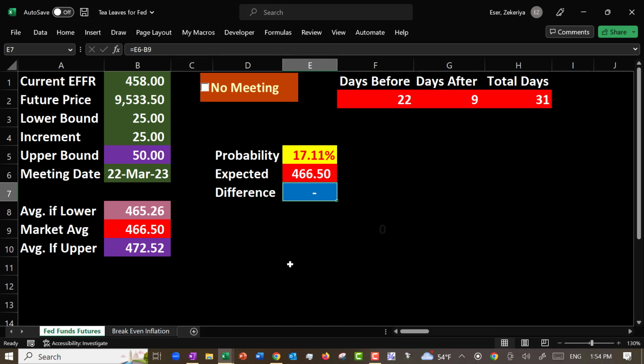So by March 22nd, Fed funds rates are going to go up by at least another 25. So the lower bound is going to be 475, or the EFFR is going to be 483. But there's a small chance, 1 in 6, that it could be 50, as far as the market is concerned.